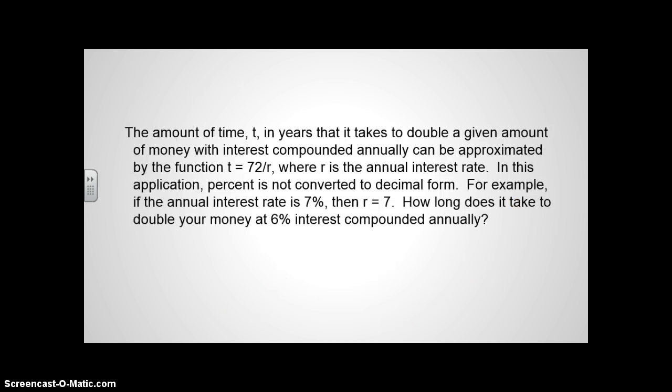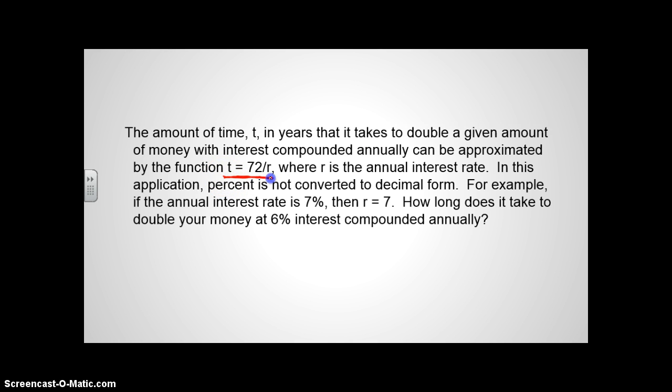Okay, last example. Here we're working with finding interest compounded annually, and this kind of relates a little bit to some stuff maybe you saw last semester as well. It says the amount of time t in years that it takes to double a given amount of money with interest compounded annually can be approximated by the function t equals 72 over r.